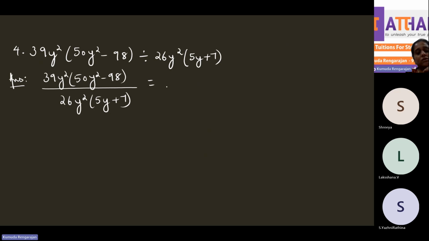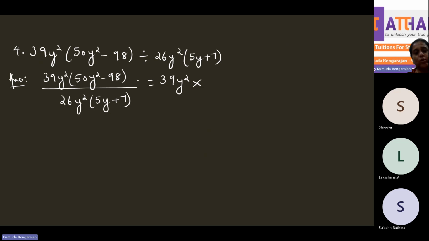So the rule is in an expression, whenever there's something common, we need to first bring out the common factor. Right, 39y square as it is into, you can see this expression 50y square minus 98.